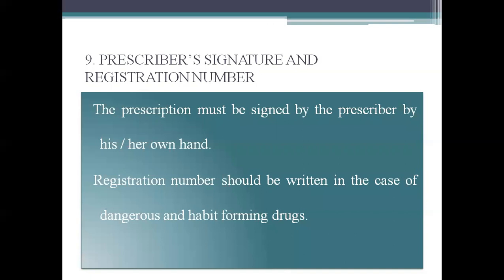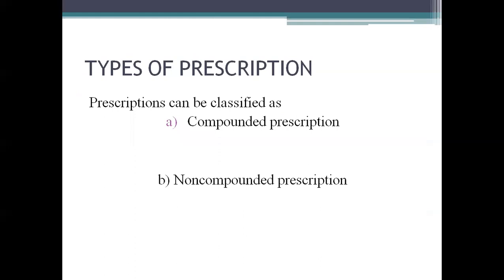It is also very important for dangerous, harmful and habit forming drugs, to avoid misuse of such drugs. Understand? So these are the 9 parts of the prescription that we covered in the last lecture.